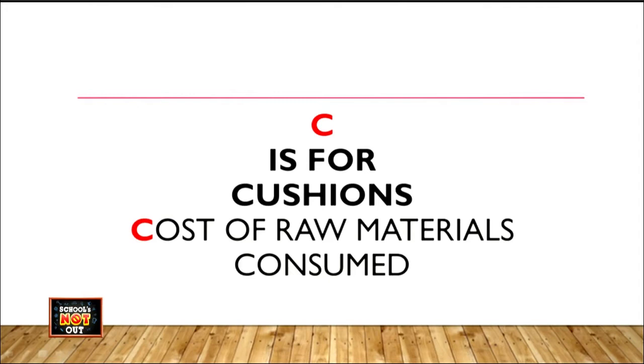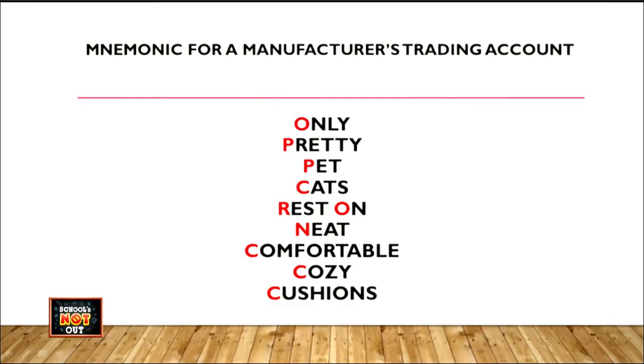Now, that was for the manufacturing account. For the trading account that we're zeroing in on today, we are going to just tweak it a little. What we're going to say is this: only pretty pet cats rest on neat, comfortable, cozy cushions. Let's go again.